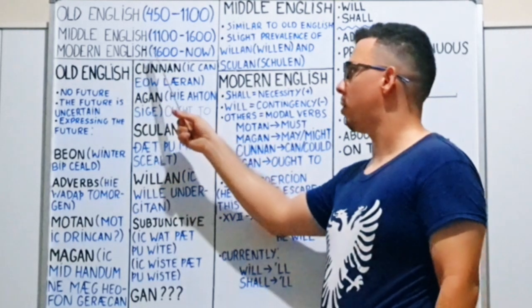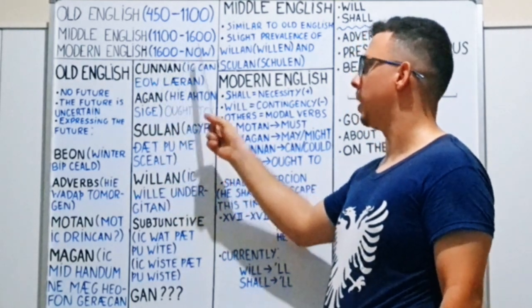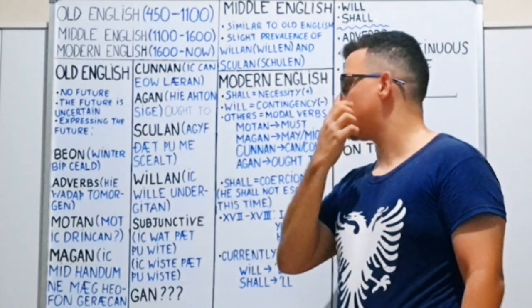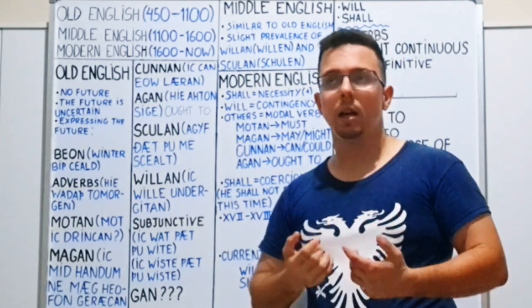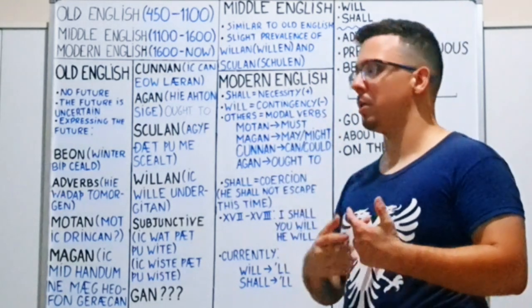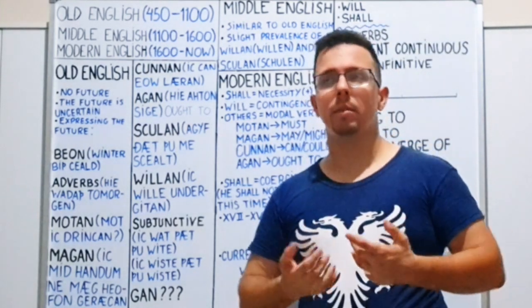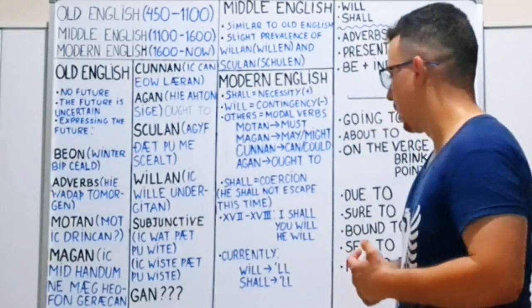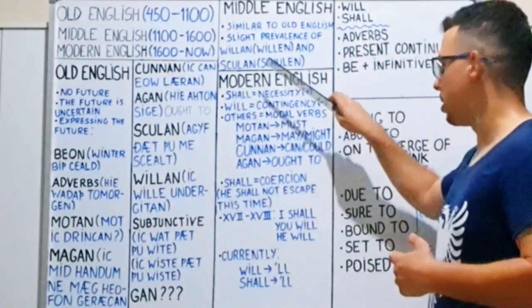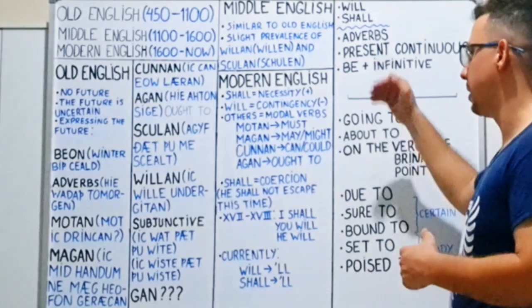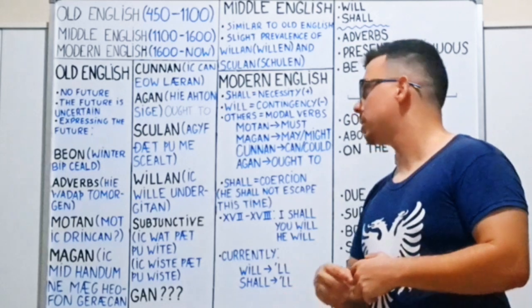Now, Modern English period. Modern English period from 1600 until now. And what is so important in this period? One feature of the Modern English period is that things became more confusing, right? Notice I have this and this for this period, so it's a lot.